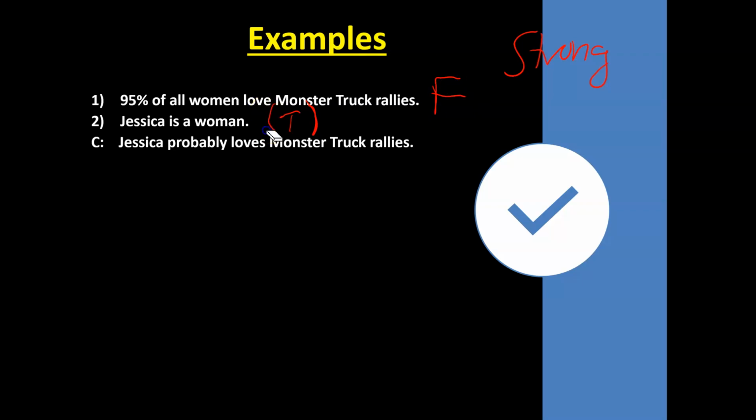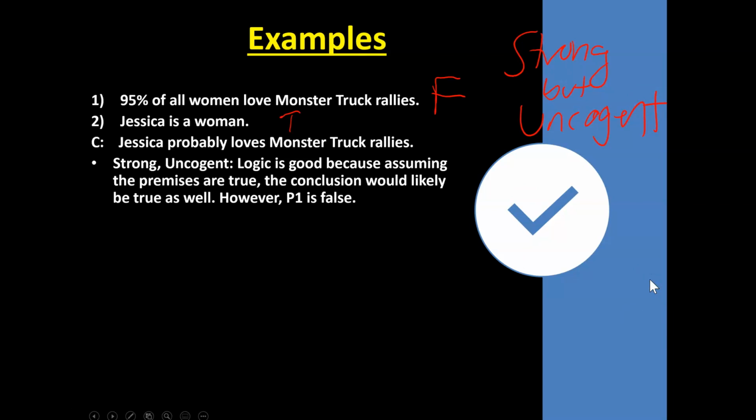Although premise 2 is true. There's the one premise you need to make this argument uncogent. So although strong, this argument is uncogent. Good.